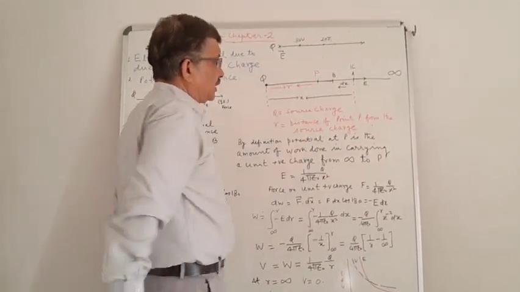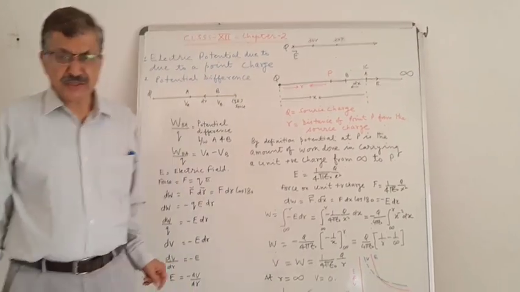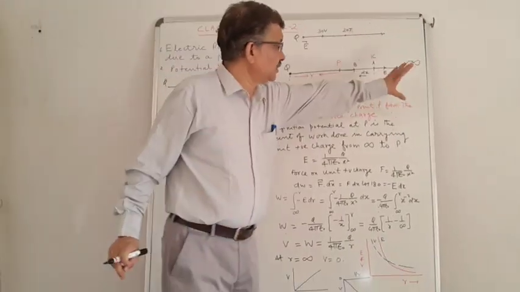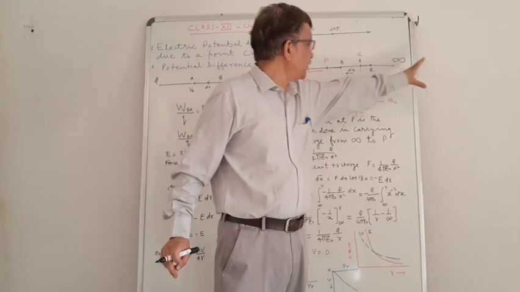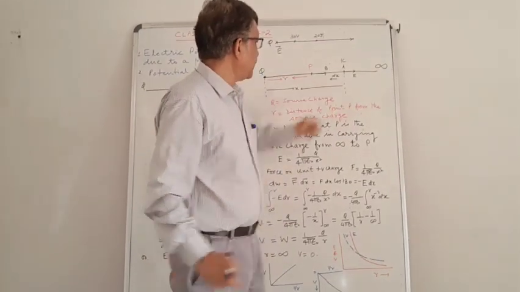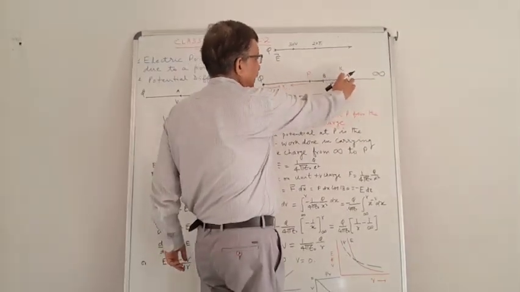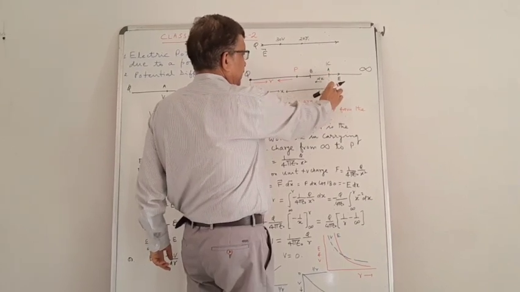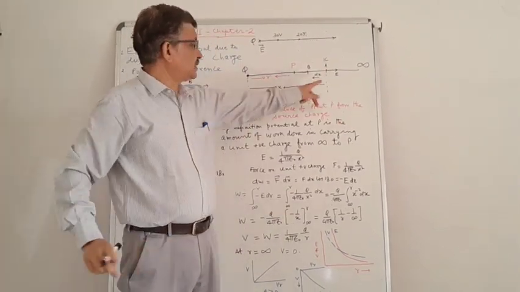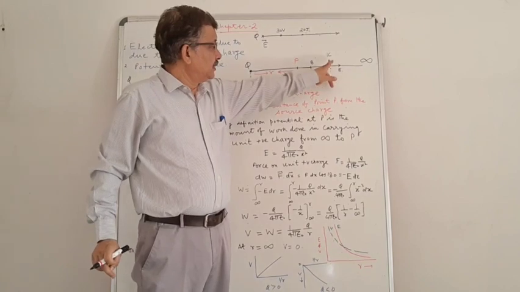In order to calculate the work done in taking the unit positive test charge from infinity to that point, I take a point A in between, which is at a distance x from here.